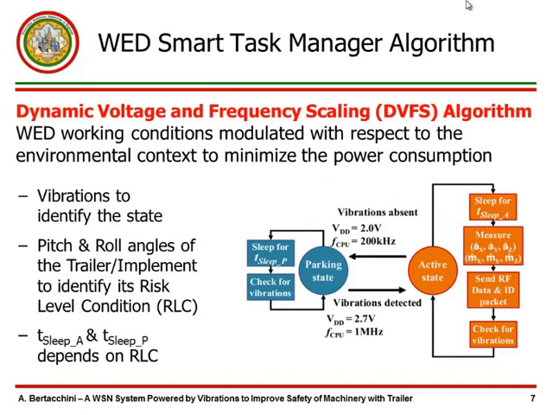To reduce its power consumption, the end device implements a task manager exploiting a DVFS technique. The device can operate in only two states, the parking state and the active state, and the presence or not of vibration is used to identify the state.